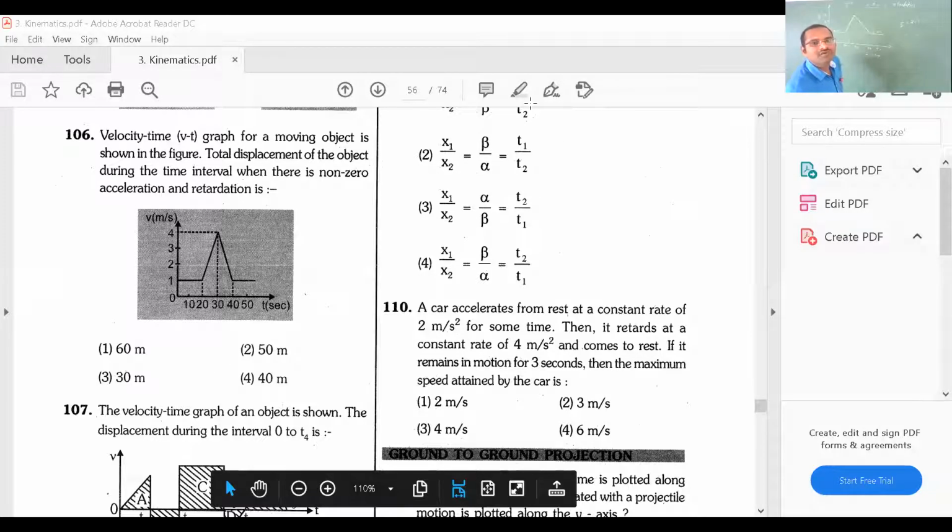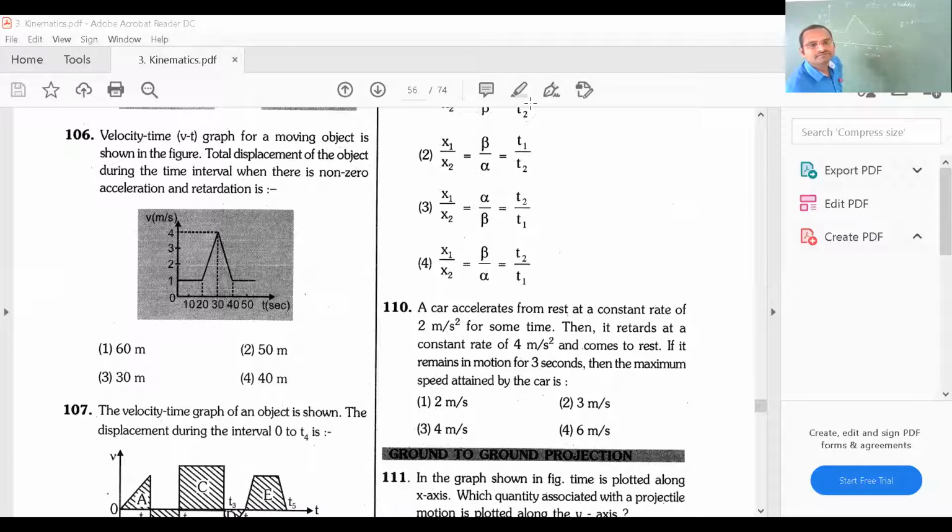What total do you want? They are saying the total displacement of an object during the time interval when there is a non-zero acceleration and retardation. Afzal is saying that the option is 50.